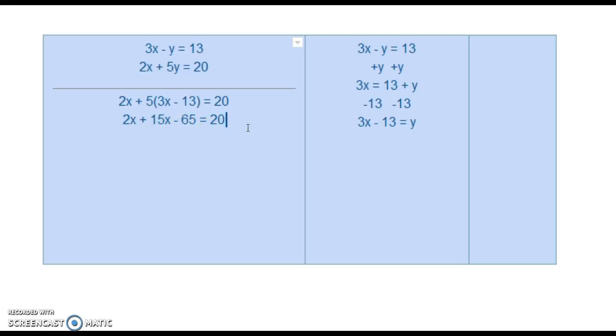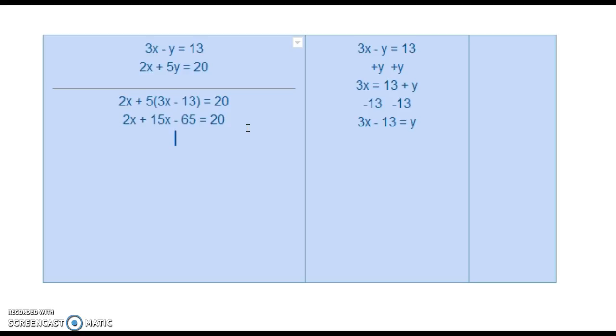Our next step, we're going to combine those like terms. I want to combine those x's first. So if we have 2x plus 15x, that's going to get us 17x. And then we'll have minus 65 equals 20.